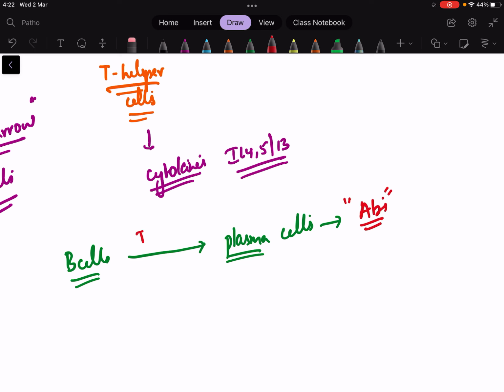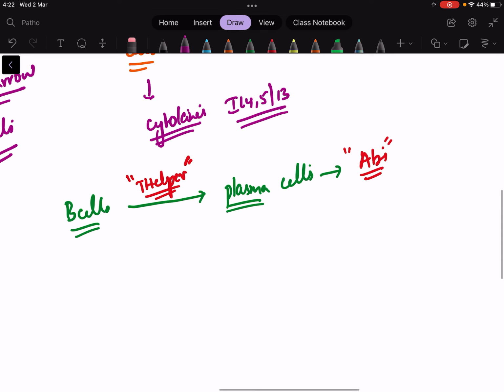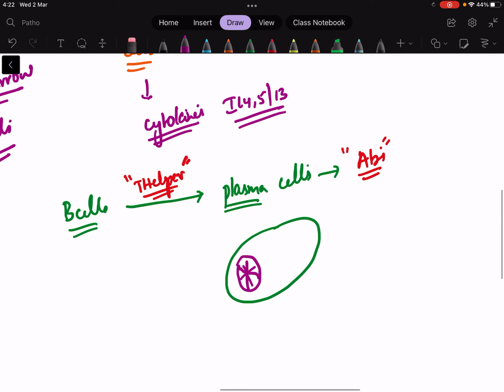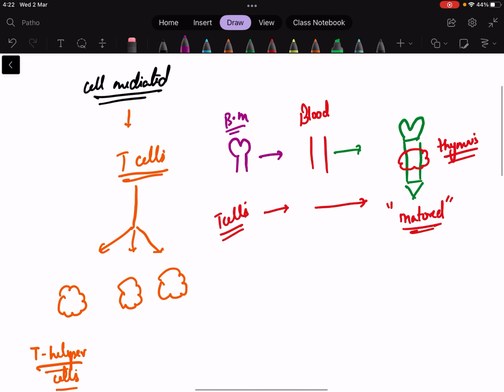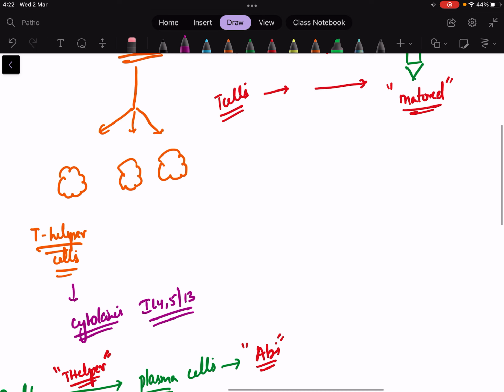So basically T helper cells are helping in the conversion of B cells into plasma cells. Okay, this is the structure of a plasma cell, and it has a peripheral cartwheel shaped nucleus. Anyways, I will talk about B cells in my future lecture. So first we talked about T helper cells.